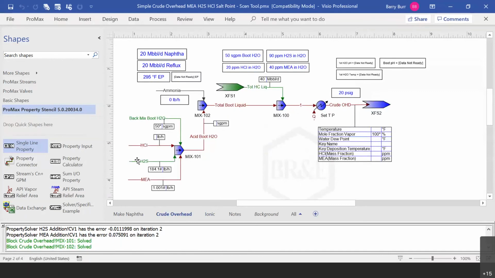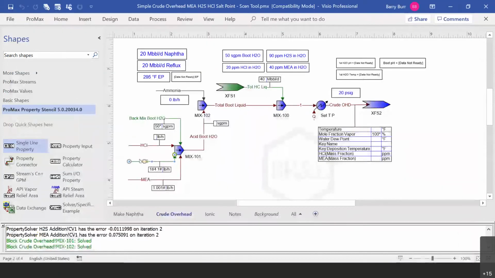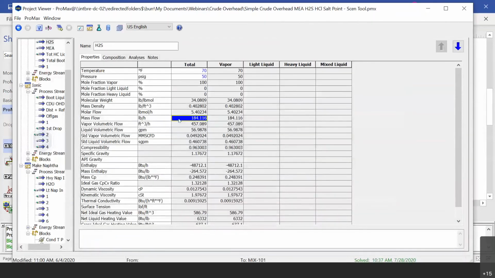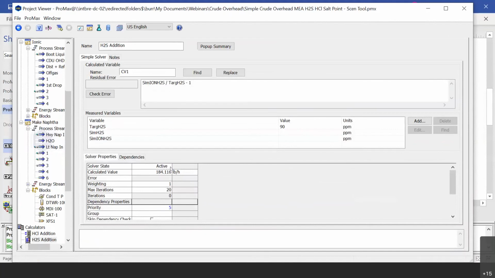As I showed you in that scenario, because the H2S is so non-influential, I'm really leaning towards removing it. Once you have this H2S in the ballpark, I think it would be easier to just change the mode of the solver from active to disabled and leave the flow rate right there.